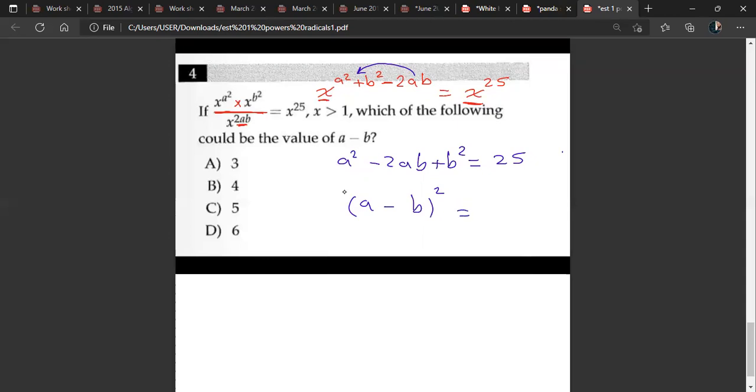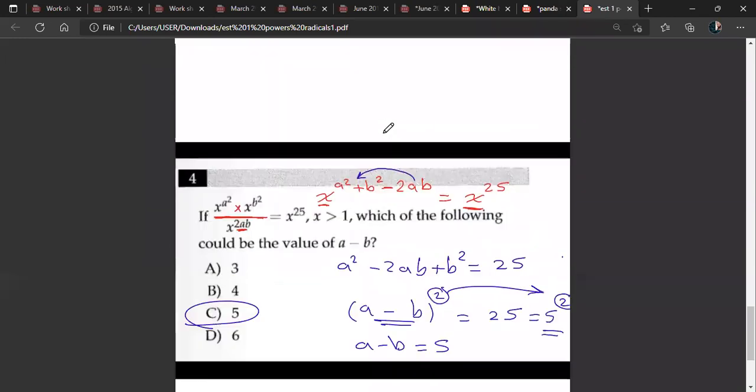All of this equals 25, and 25 equals 5 squared. If you have the same power, you have the same base. So a minus b equals 5, and the answer is clear. Yes, it's clear.